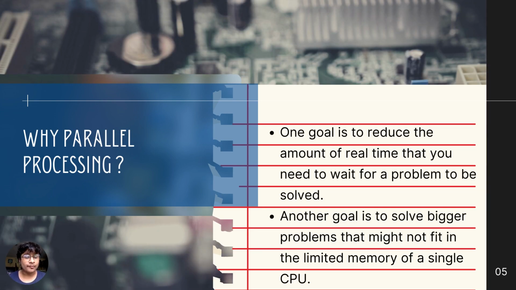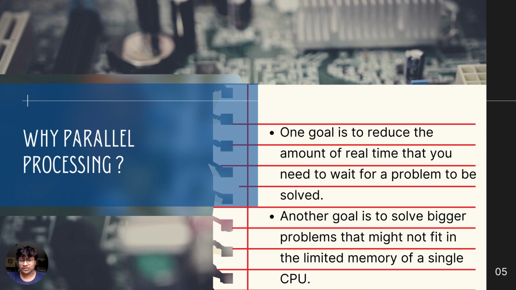Let's go ahead. Why parallel processing? We already answered that in the previous slide, right? One goal is to reduce the amount of real time. That will save us time, as everything nowadays depends on time complexity. If we take the example of a race between nations, which nation would win? The nation which runs fastest.